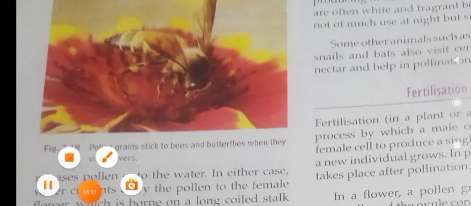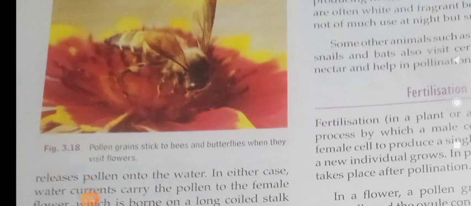In the case of animals, that is insects, especially bees, the bees and butterflies suck the nectar, and while doing so they fly from flower to flower. The pollen grains stick to their legs and are carried to the next plant. Such pollination takes place by insects.